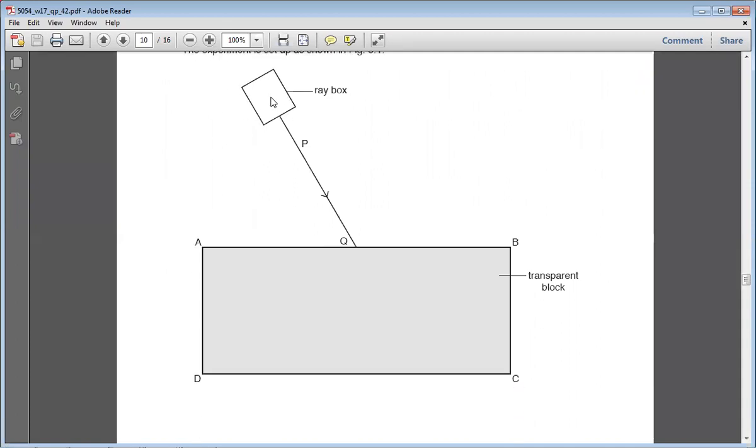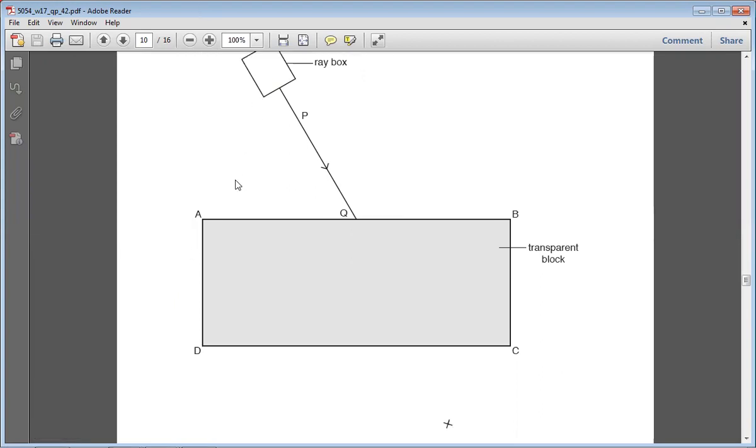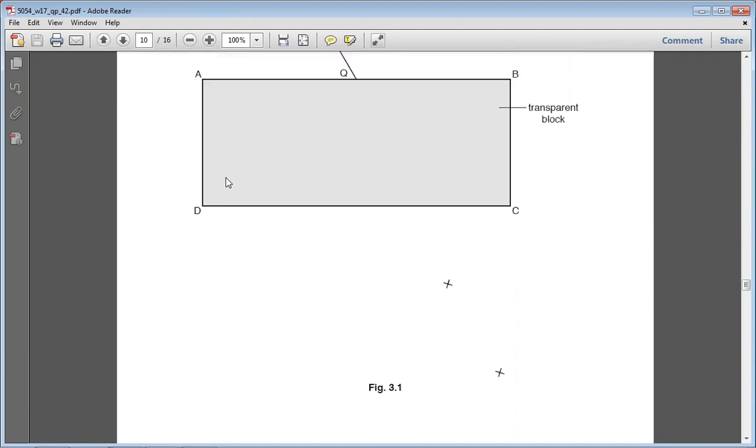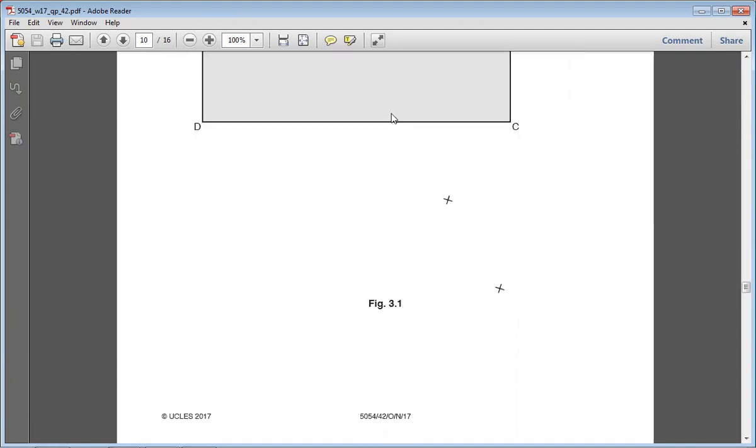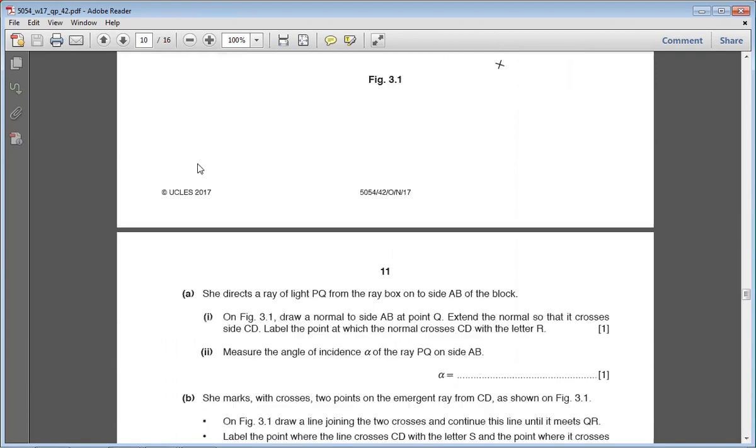So here we have a ray box which has a torch in it. A light ray is incident on the AB face of this transparent block, and we have traced this block on paper. So here we have two dots. Here the emergent ray will be figure 3.1.